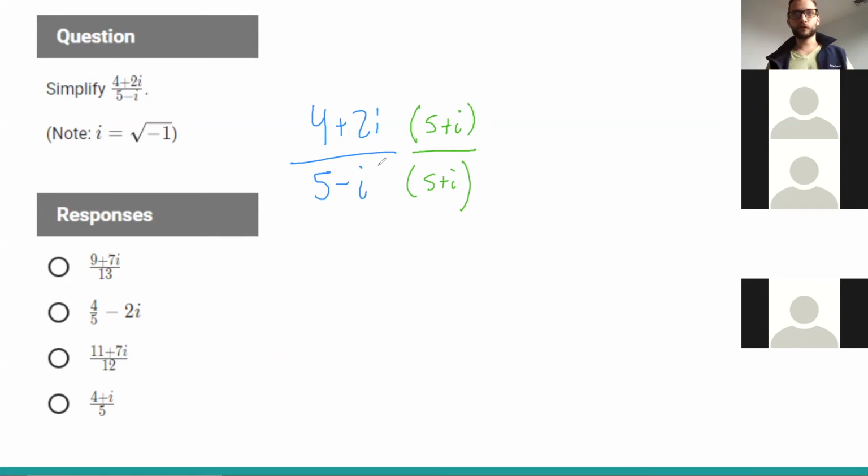So I want everybody to FOIL this out. Put your answer A, B, C, or D into the poll, and we're going to finish this problem. But I want you guys to work this out on your piece of paper first on your own.